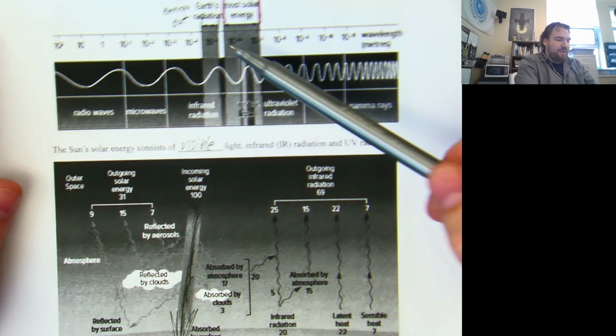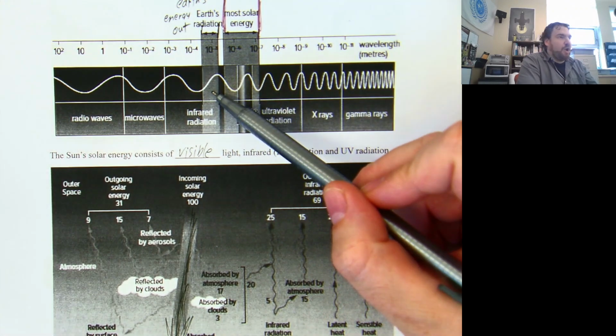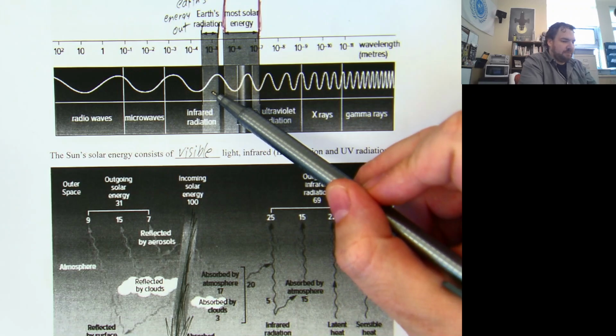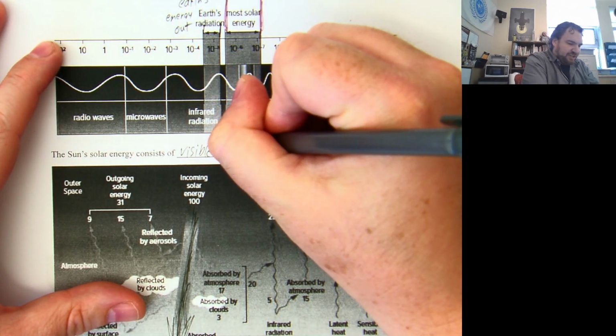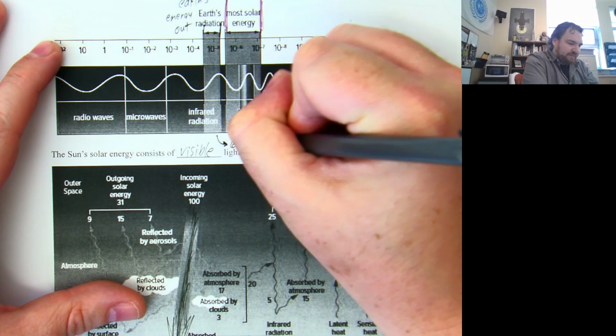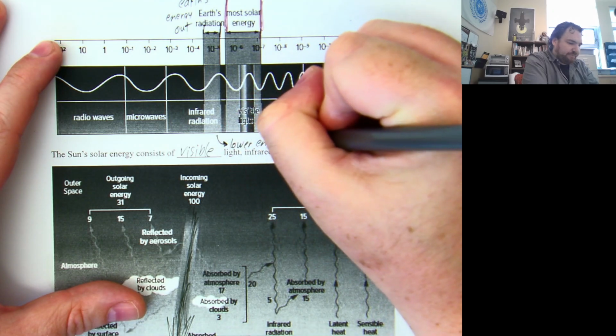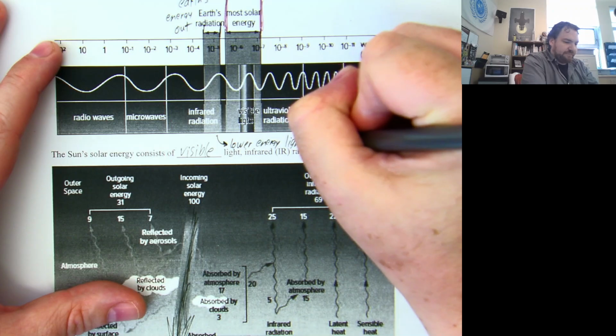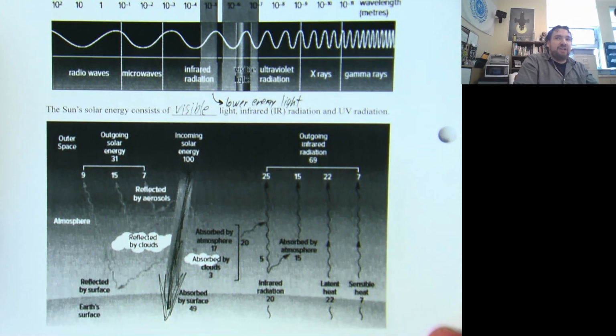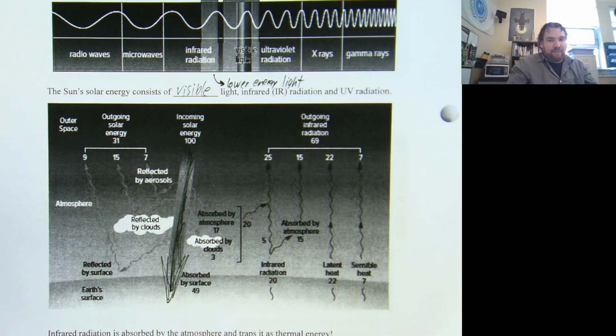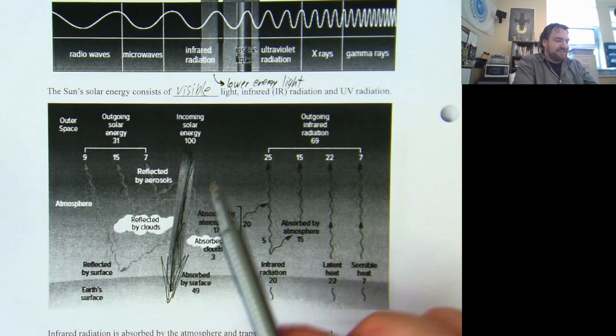And then on the way out, this section right here is lower energy. So this section right here is lower energy light. And the problem with that lower energy light is that the things that we've put in our atmosphere are good at absorbing this low energy light.